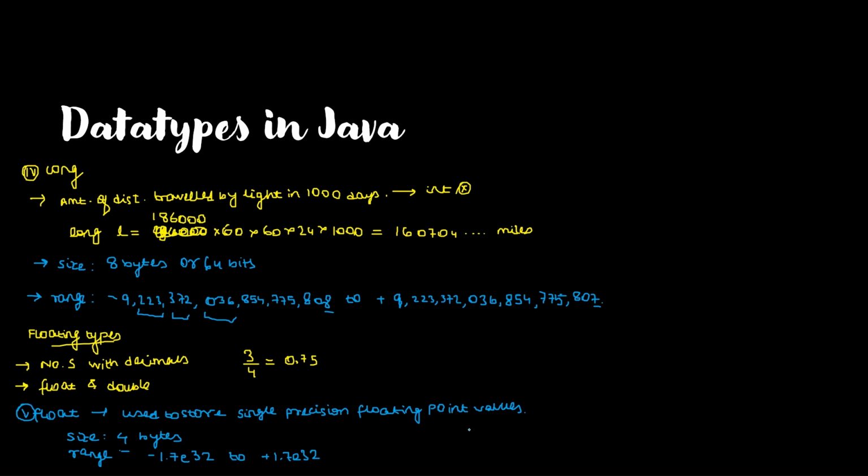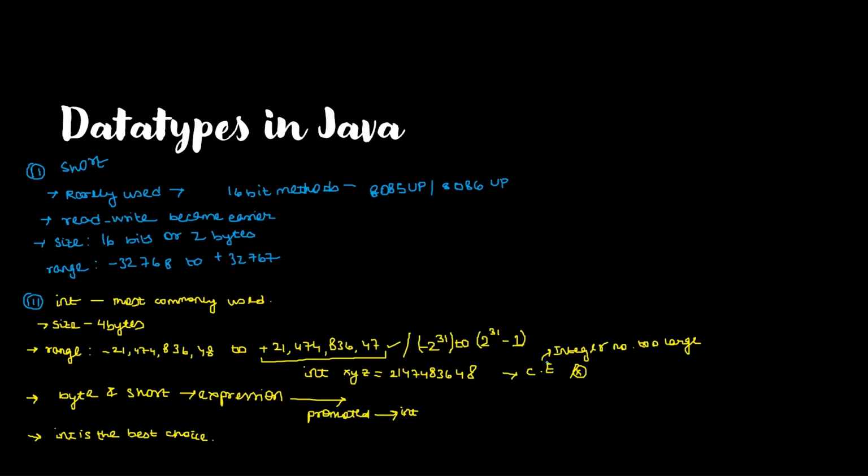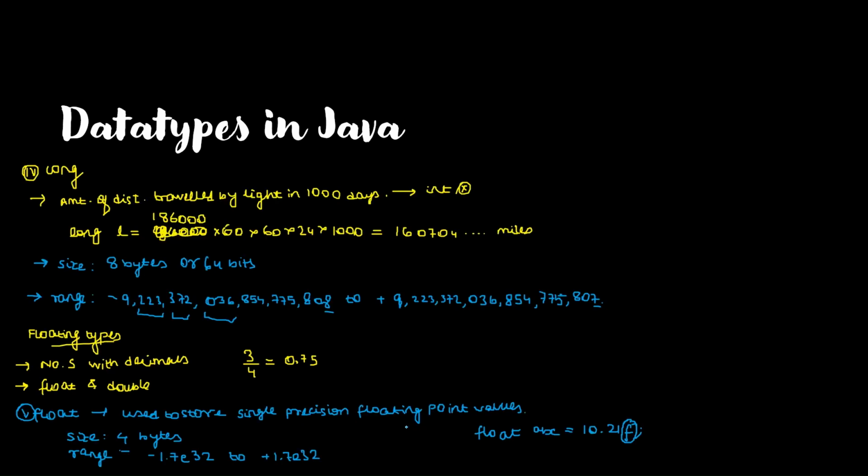And when you declare a float variable, you should say float some variable name, let's say ABC, equals 10.21f. Now this f is really important to mention. Otherwise, just like we had seen in this particular slide with int, that byte and short are automatically promoted to int, all the floating type variables are automatically promoted by Java to the double type.